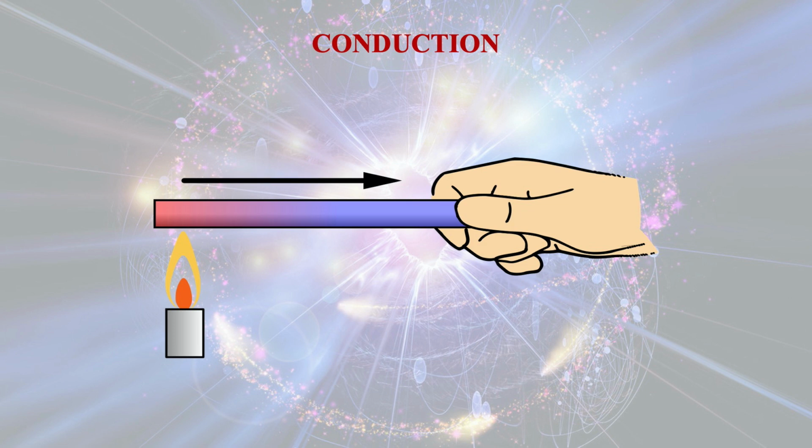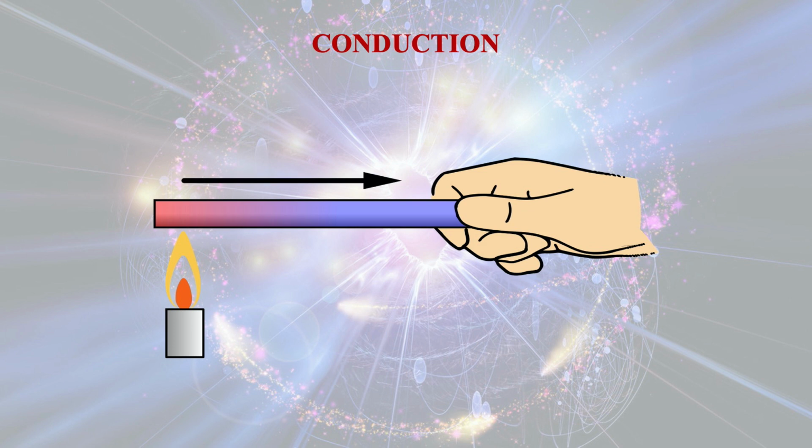Now we see how the heat is being transferred for the conduction process. Here we see that if one end of the rod is kept onto the flame, then the atoms and molecules at that part will start vibrating with respect to their own positions, and in turn they will supply energy to the neighboring molecules, and the neighboring molecules will also start vibrating.